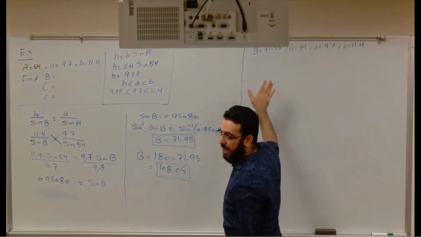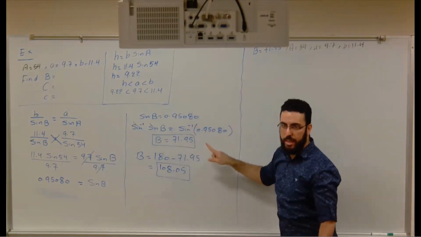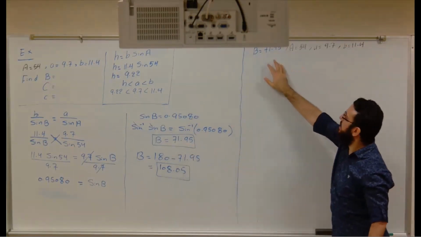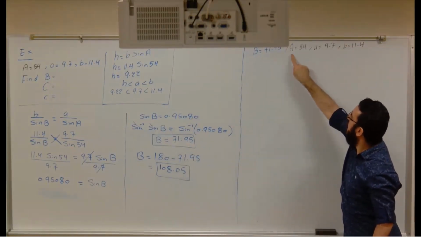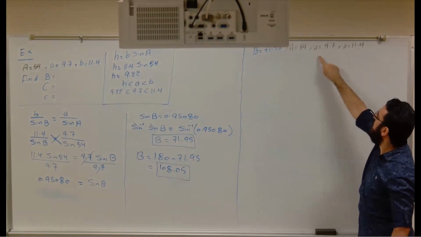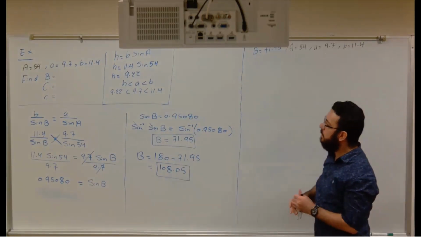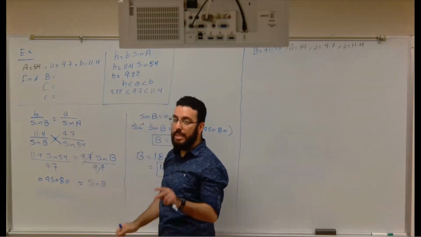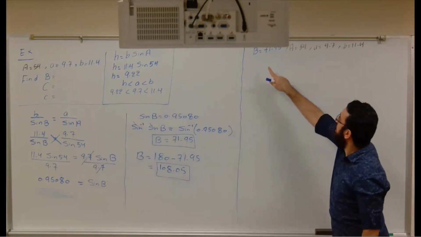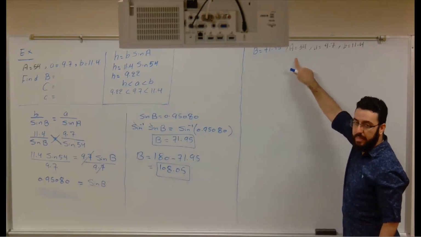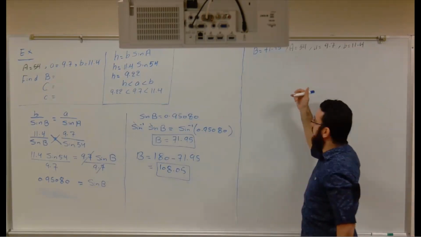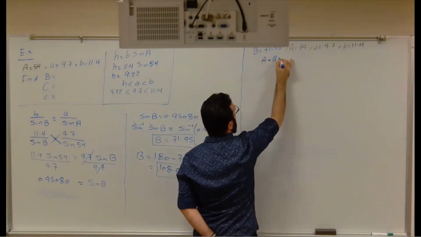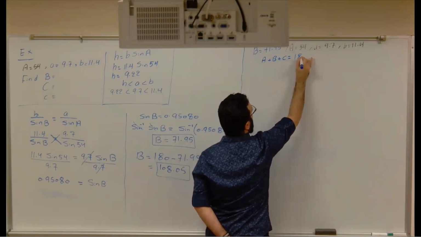Now this is the first case because I have two options. When B equals 71.95, here is the angle B. Here is the side A, here's the side B. I need to find what? C. How am I gonna find C? Now you have how many angles? You have 1, 2. Can I find the third one? You're gonna say A plus B plus C equal 180.